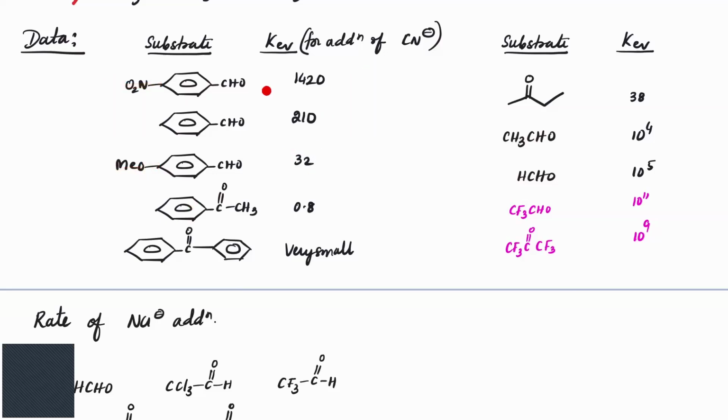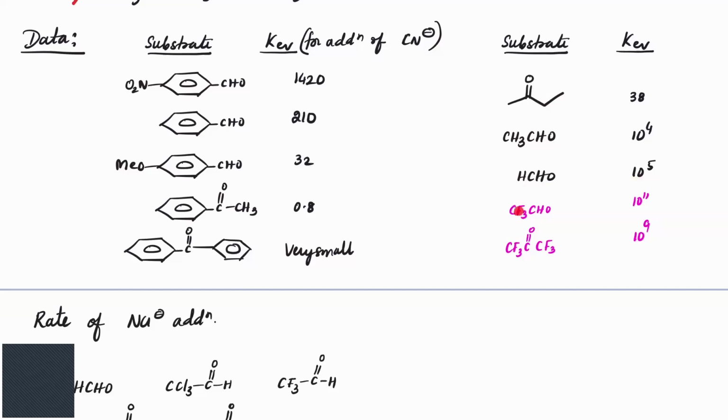The minute aldehydes turn into ketones, the reactivity drastically decreases. And I told you, when you have two phenyls, it is very, very small, not even expected to make any reaction. Even if you have one methyl and one ethyl, the reactivity is quite less. Aldehydes are sufficiently more reactive. Formaldehyde is extremely reactive.